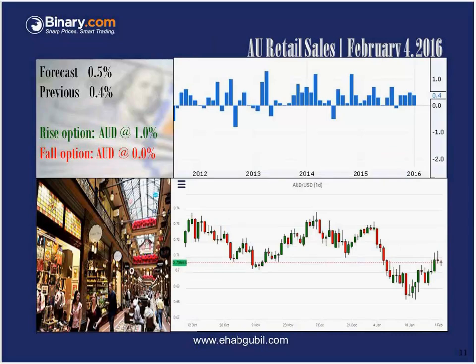Australia retail sales will be released on Friday at 12:30 a.m. London time. Australia retail sales release could also change the short-term direction of the Australian dollar.